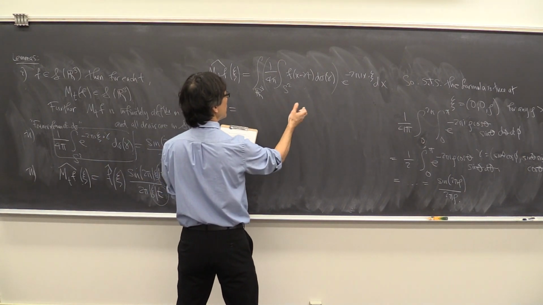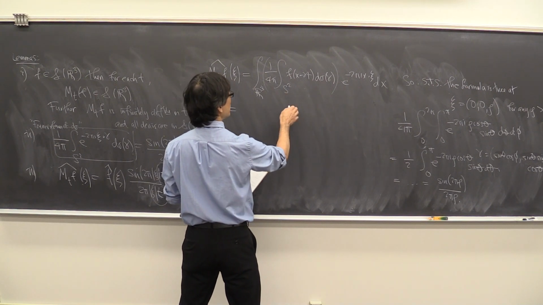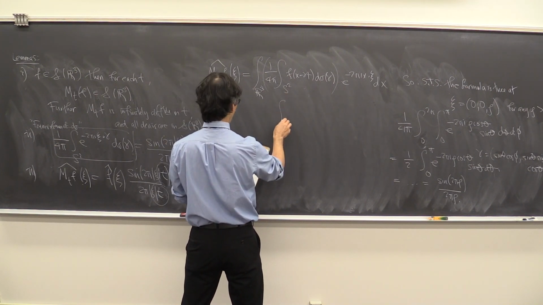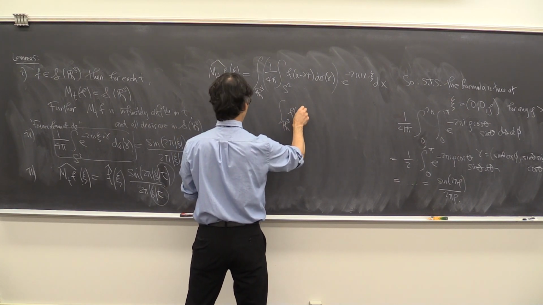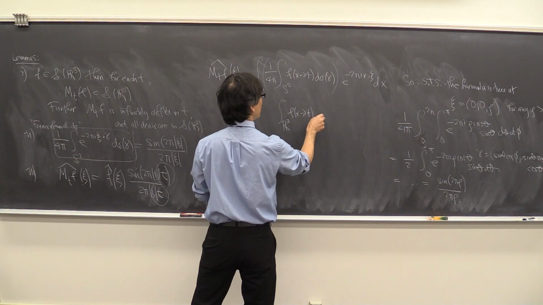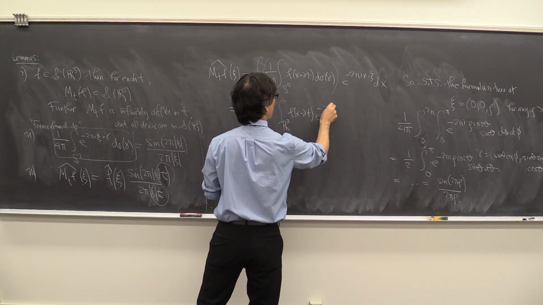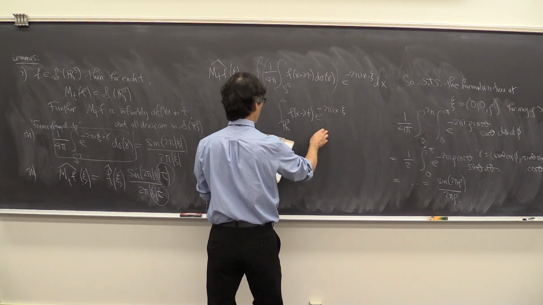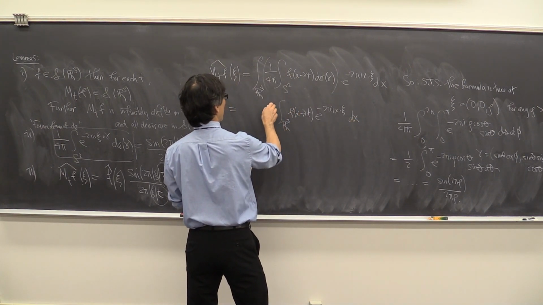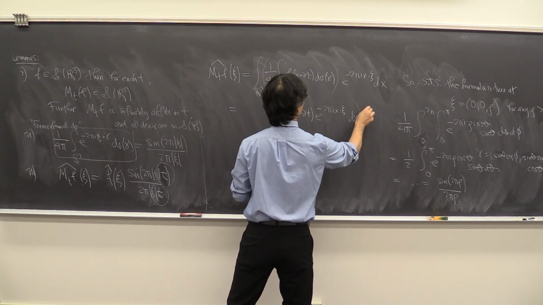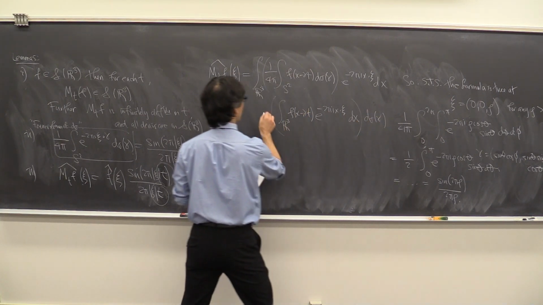We combine these things together and switch the order of integration. You get 1 over 4 pi, integral of f of x minus ct e to the negative 2 pi i x dot c dx, and then integrate that over the sphere.